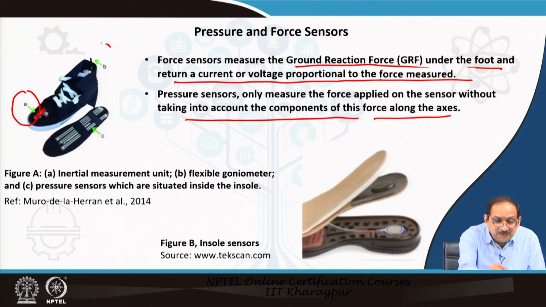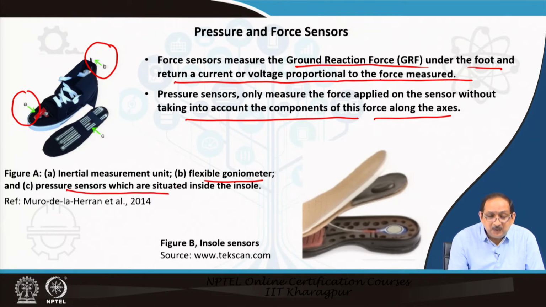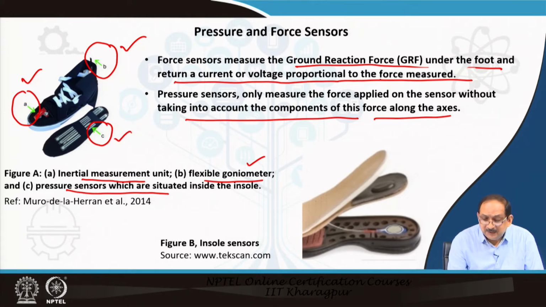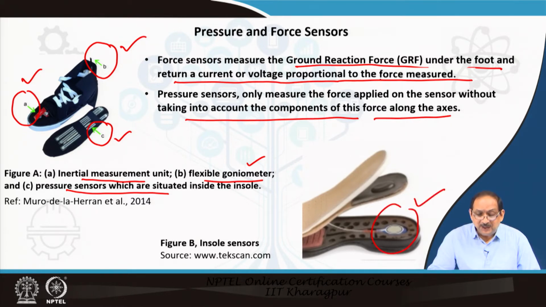There is a flexible goniometer mounted on the back side of the shoe, and a pressure sensor is situated inside the shoe, that is C. So, A is an inertial measurement unit, B is a flexible goniometer, and C is a pressure sensor. A more detailed arrangement of the insole sensor can be seen embedded within the sole.